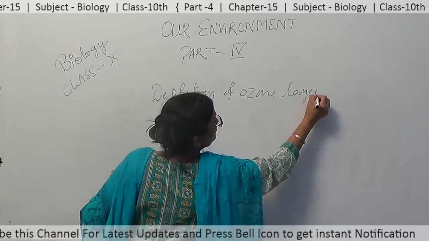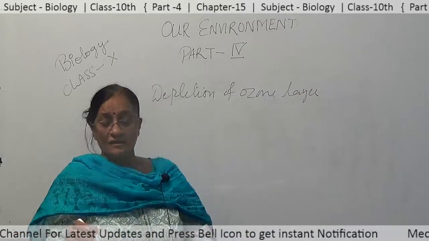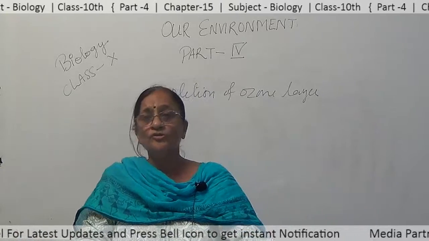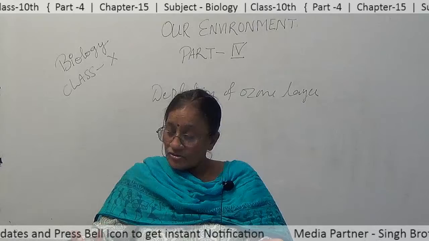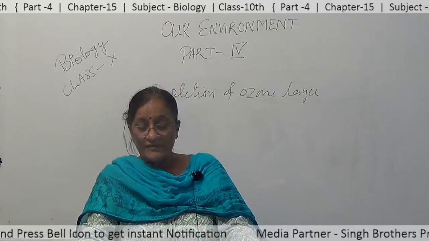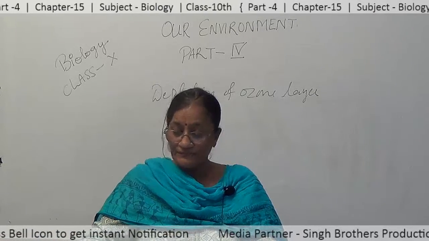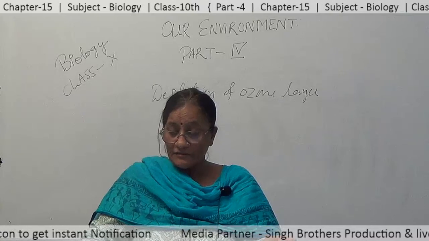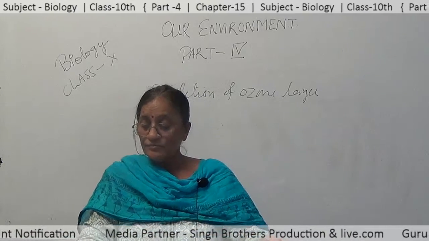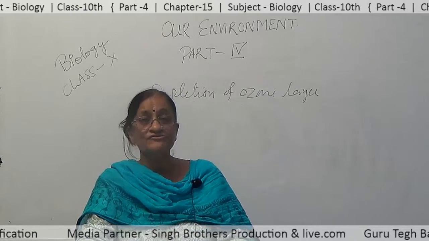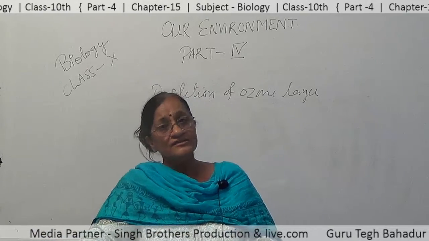So, we will talk about depletion of the ozone layer. Ozone, as we know, is a triatomic molecule of oxygen. Ozone is a triatomic gas found throughout the atmosphere, but most highly concentrated in the stratosphere.